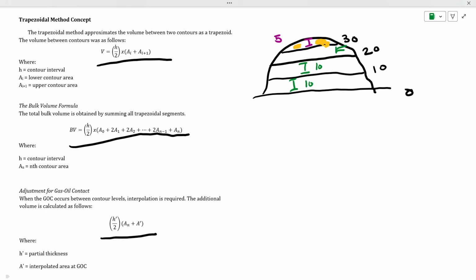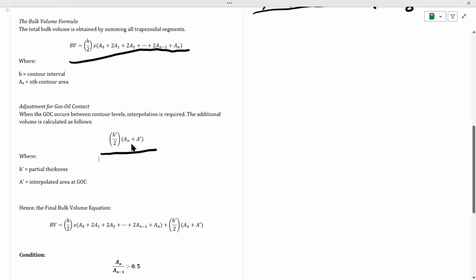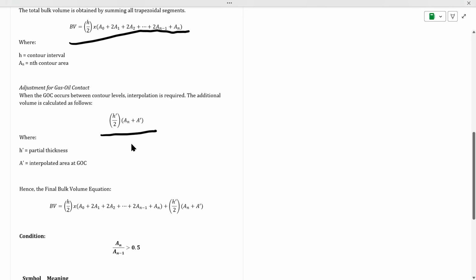H prime, that is the partial thickness. A prime, that is the interpolated area at the gas-oil contact. So combining all the equations that we have, the final bulk volume equation will be this one.